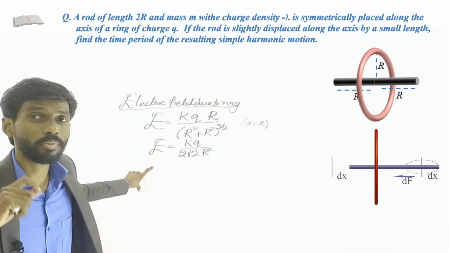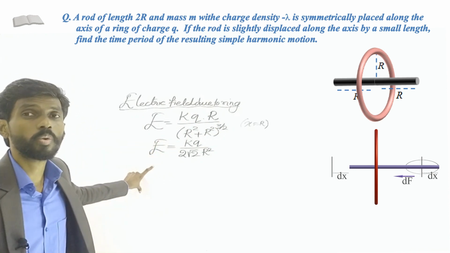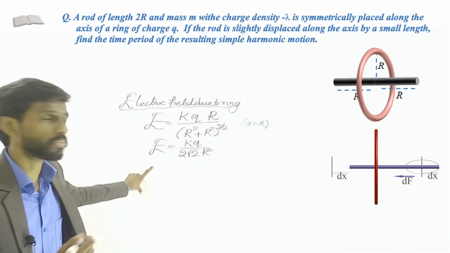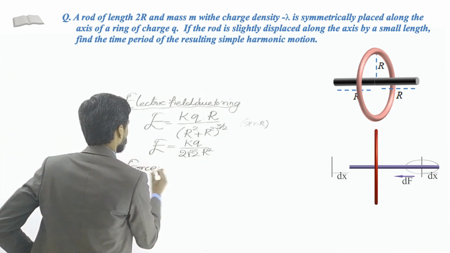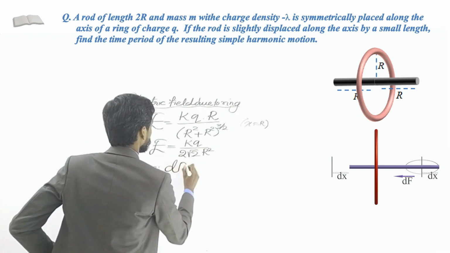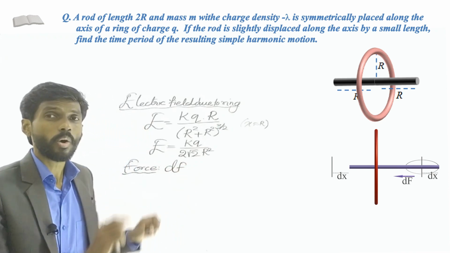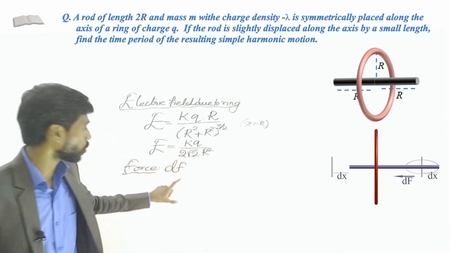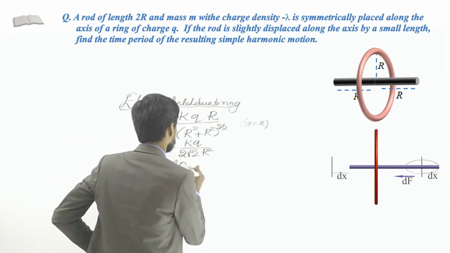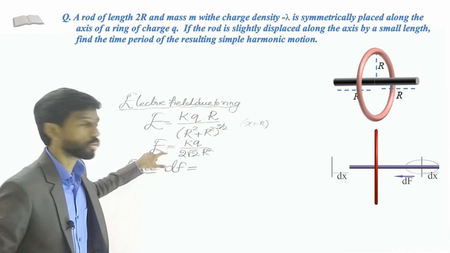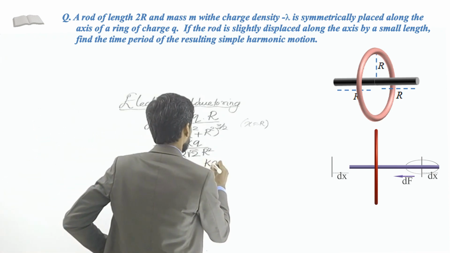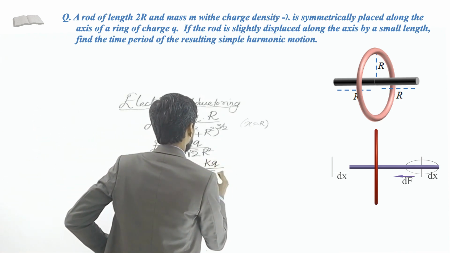Now we have to find the force on that small portion, so simply multiply by the charge. The force is dF, remember dF, not F, because we are finding the force only on that small portion. So dF equals the charge multiplied by the electric field, kq divided by 2 root 2 r squared.